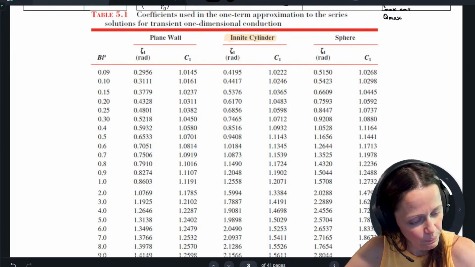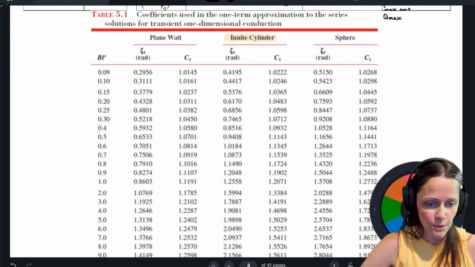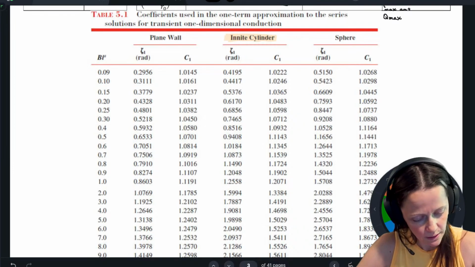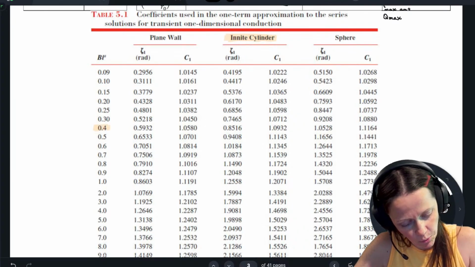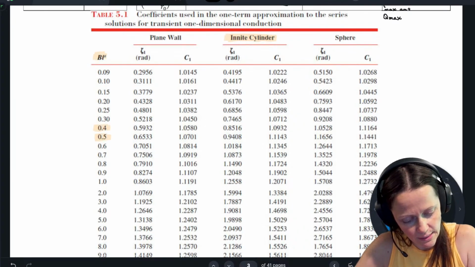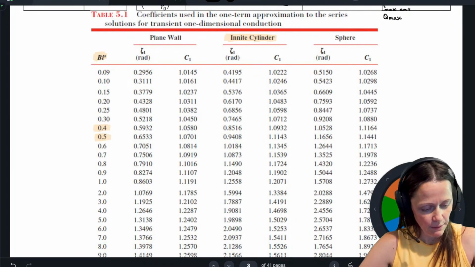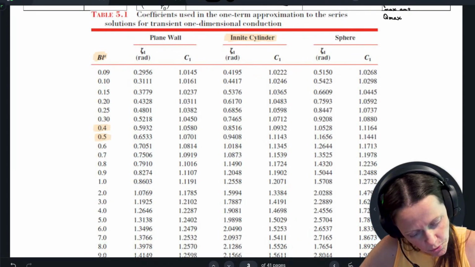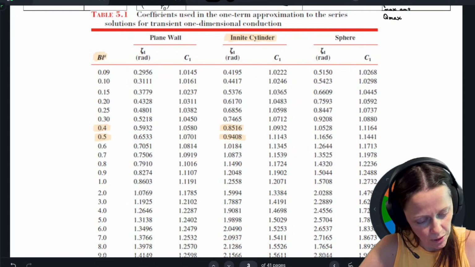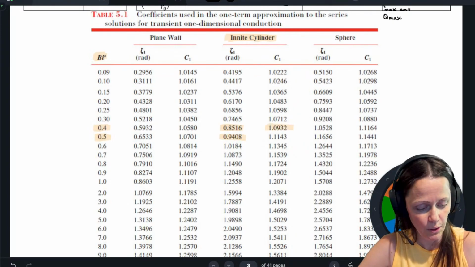Our Biot number was 0.441, so that's going to be between this value and this value. For my infinite cylinder, that would put my zeta between those values and my C1 between those values.